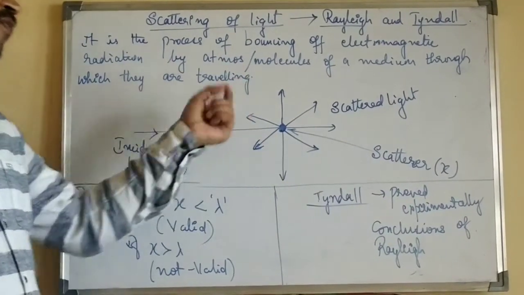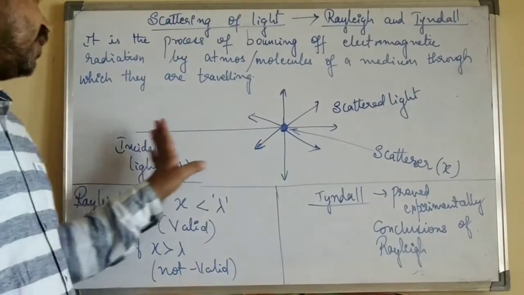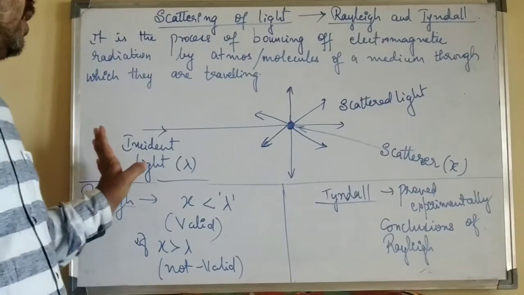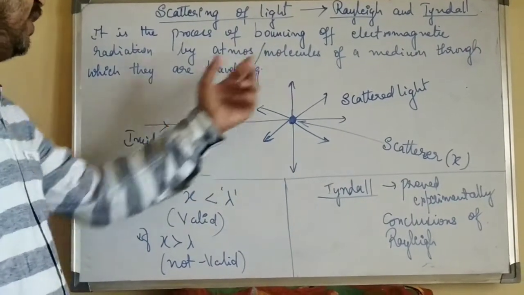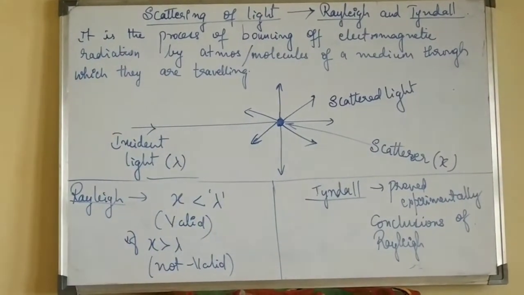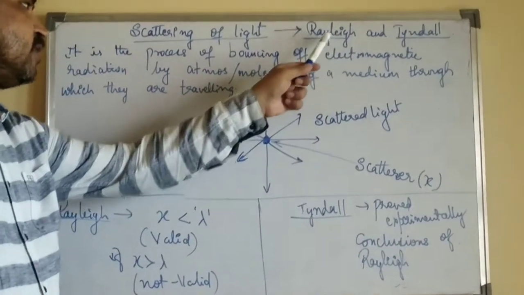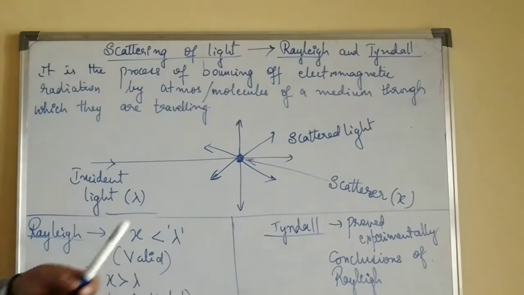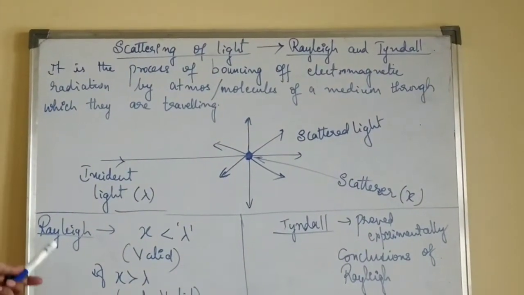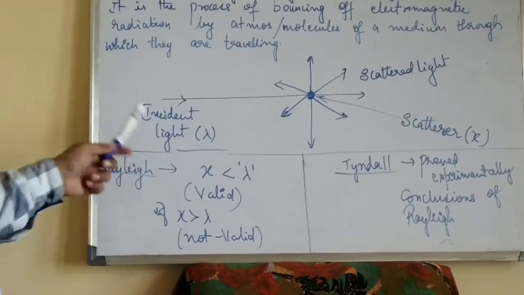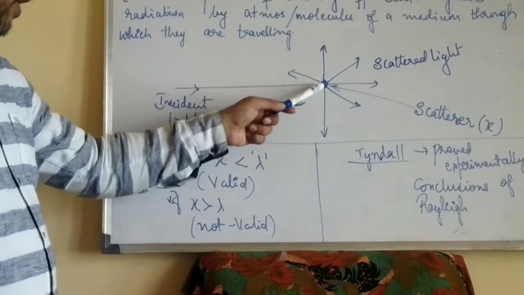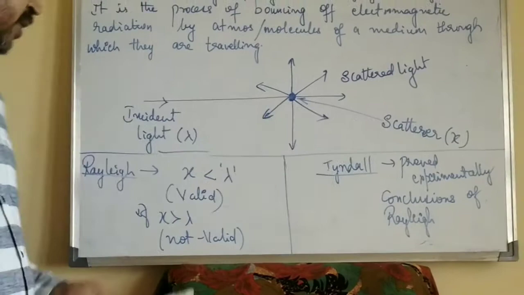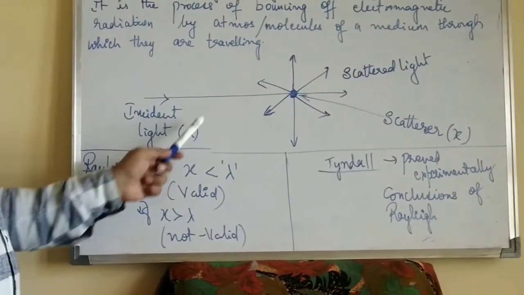Every particle of that medium is responsible for scattering the electromagnetic radiation or incident light of a certain wavelength in different directions. This scattering of light phenomenon was observed by Rayleigh. What he concluded in his theory is, suppose this scatterer, that is small x, is less than the wavelength of light.